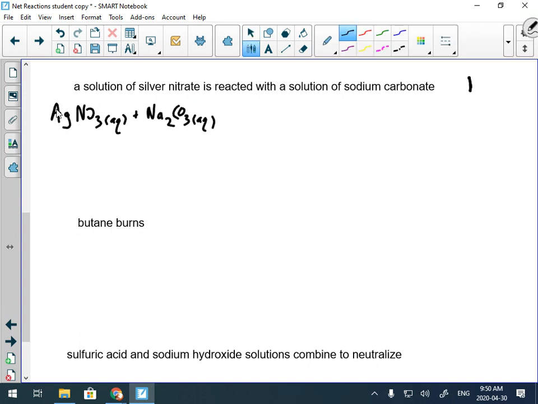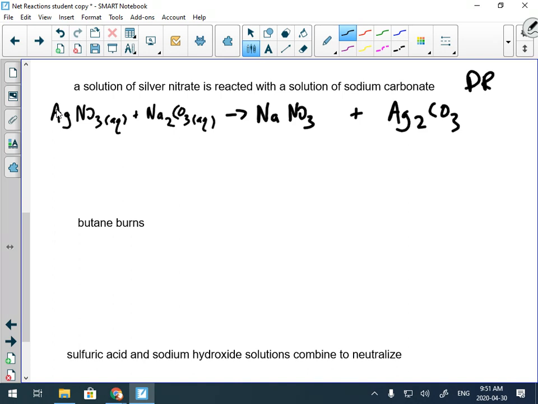This is a double replacement because we have 2 compounds. So the metals are going to switch. The silver is going to go and kick out the sodium. So we wind up with sodium nitrate. Sodium's 1 plus, nitrate's 1 negative, and silver is 1 plus, but carbonate is 2 negative. So we need 2 silvers for every carbonate.